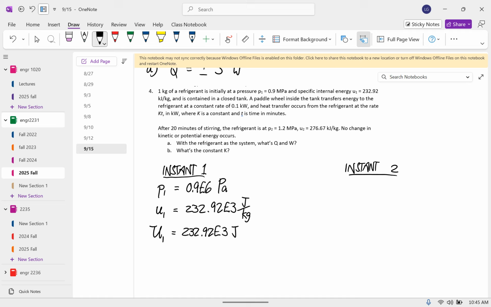At instant 2, we have a pressure of 1.2 times 10 to the 6 pascals, a specific internal energy of 276.67 times 10 to the third joules per kilogram, and a true internal energy, since it's 1 kilogram, of 276.67 times 10 to the third joules.